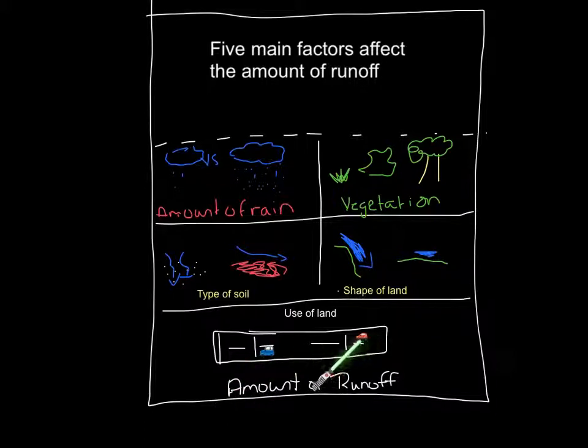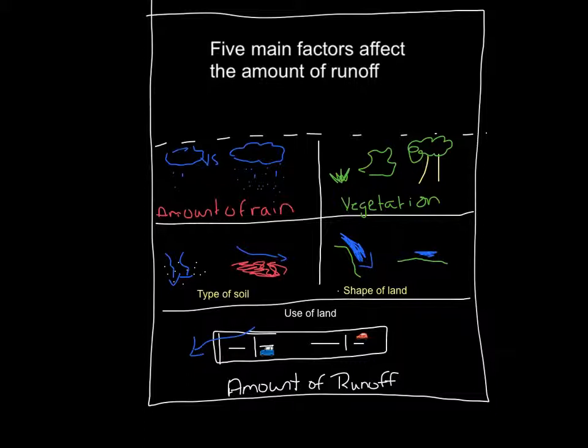I used my emoticon keyboard to make some little cars and park them in my parking lot. So what's going to happen is when it rains, the water is just really easily going to run off of the parking lot. It's not going to get soaked into the pavement. And that's all we have for amount of runoff.